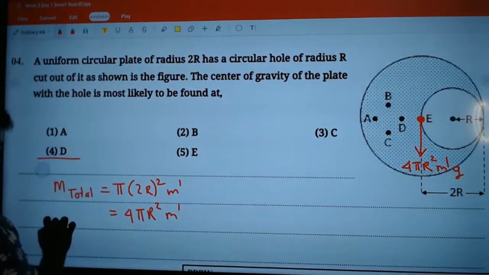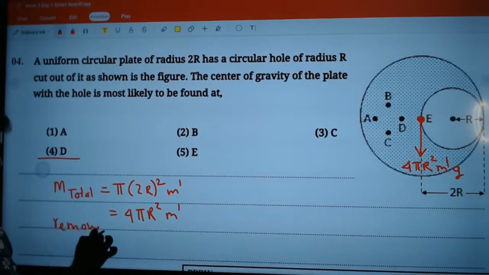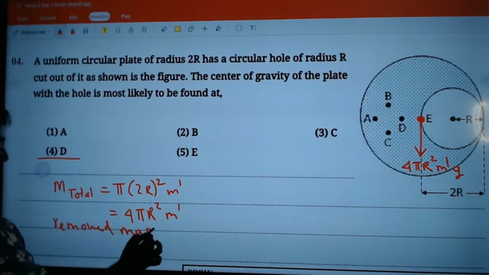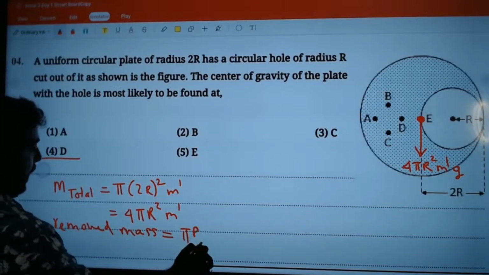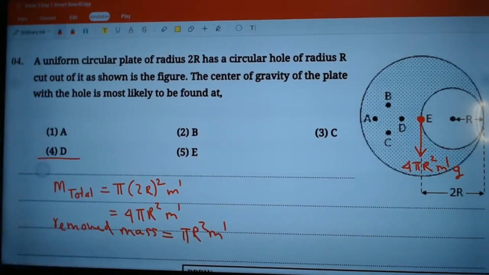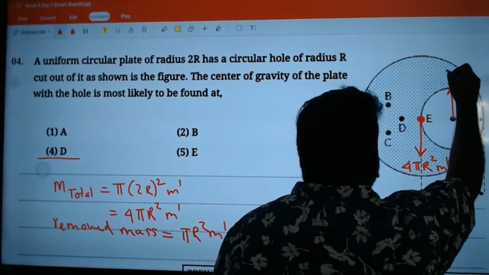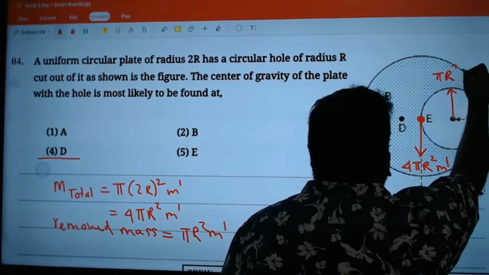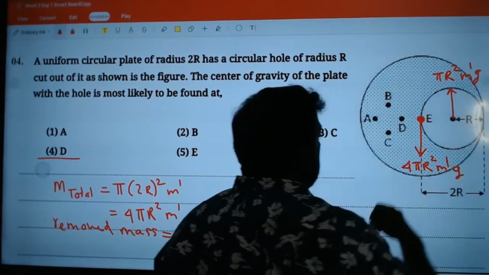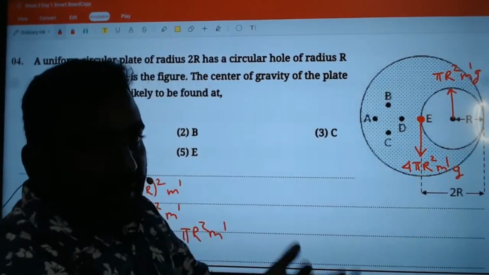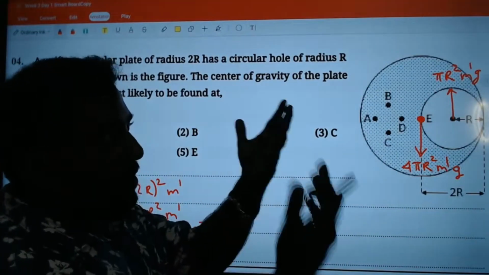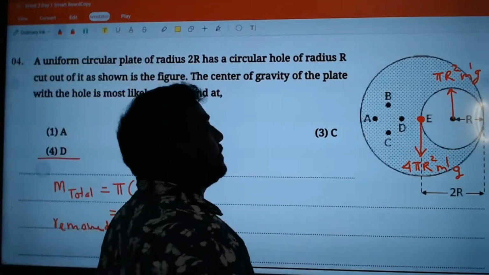What about the removed mass? Removed mass is pi r squared m dash. Whenever you remove the mass, you have to mark the weight in the opposite direction. Pi r squared m dash g. Vector changes. If your weight is acting downwards and you are removing the weight, you change the direction of the vector.